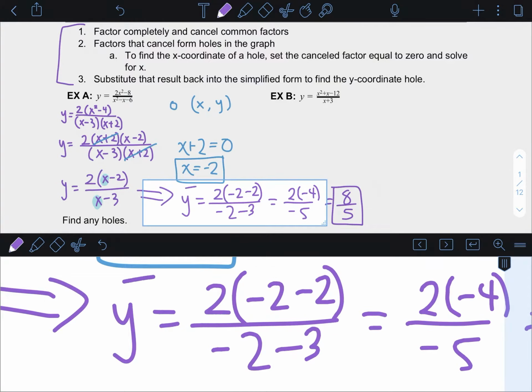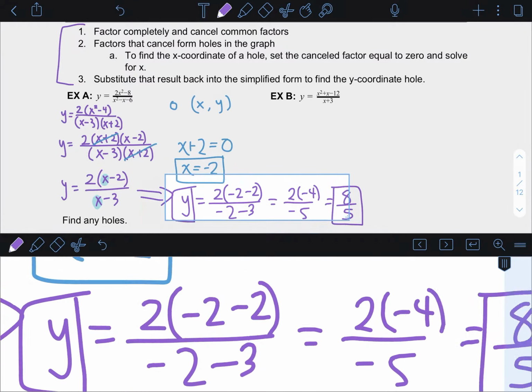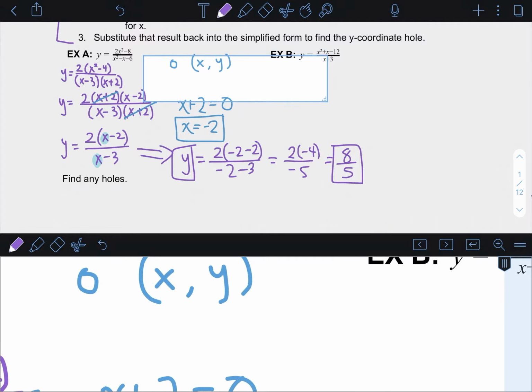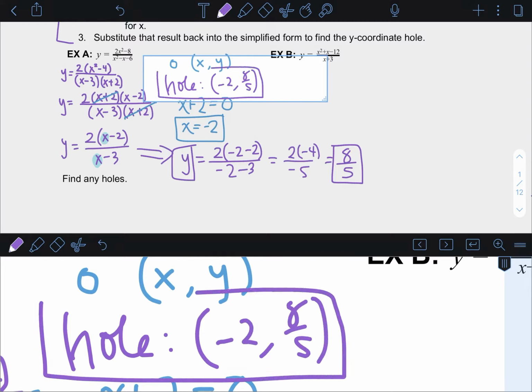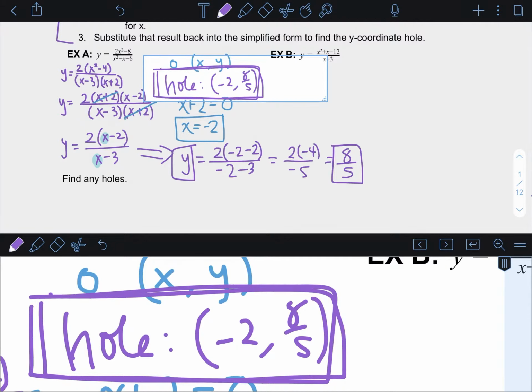And that is the y coordinate. So now that I have found my x and y values, I know that the hole will take place at negative 2, 8/5. And that is my solution for that hole.